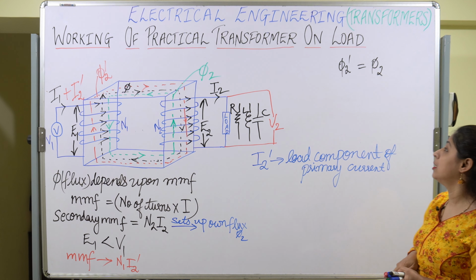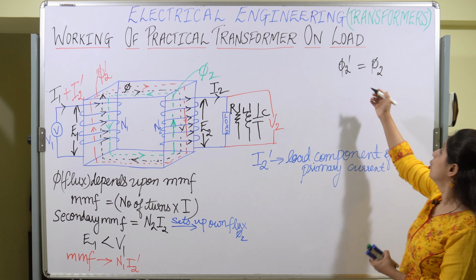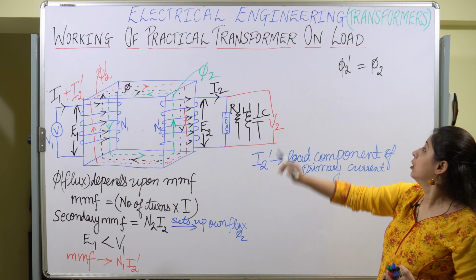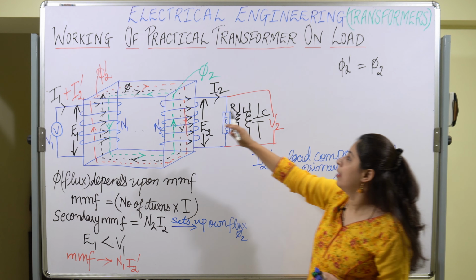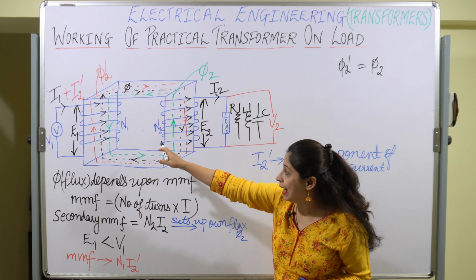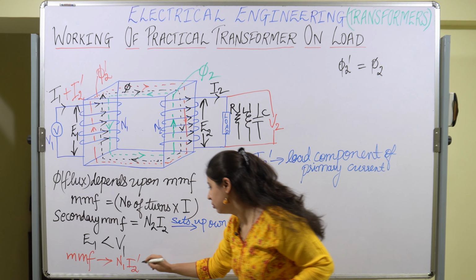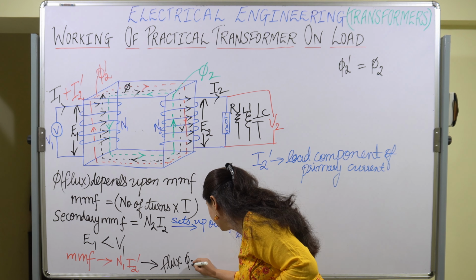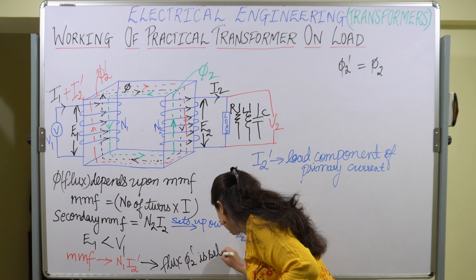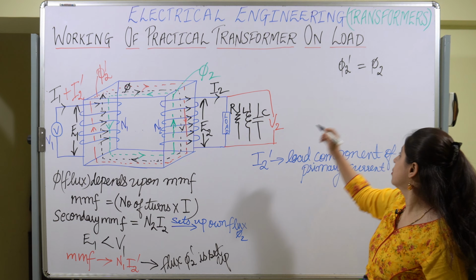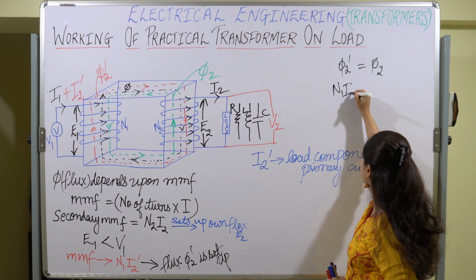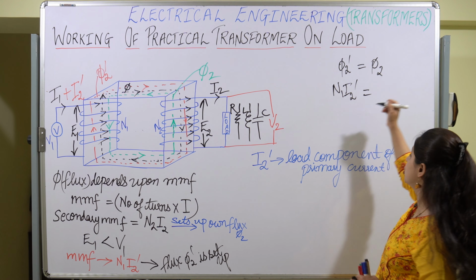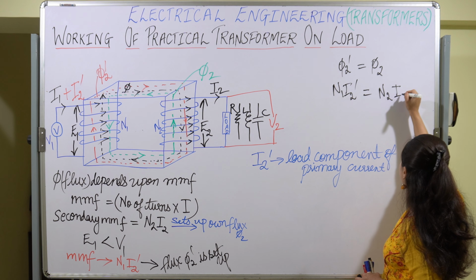So let us find out the value of I2 dash. Phi 2 dash is due to the MMF N1 I2 dash, because of this flux phi 2 dash is set up. Phi 2 we already know is due to N2 I2.